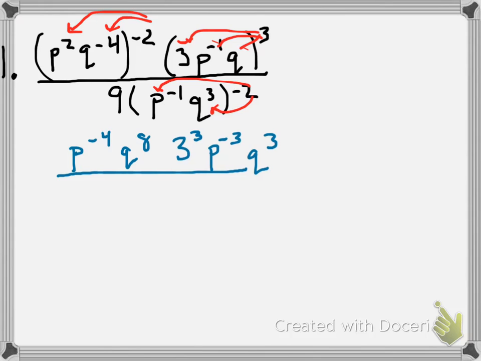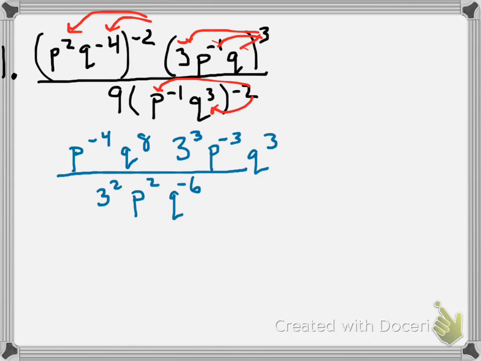Hopefully we recognize that 9 is 3 squared, so I'm going to write it as a factor of 3. Why? Because I have a factor of 3 on the top. And then p to the negative 1 times negative 2 is positive 2, and positive 3 times negative 2 is negative 6. Okay, so that's going to be step number 1.